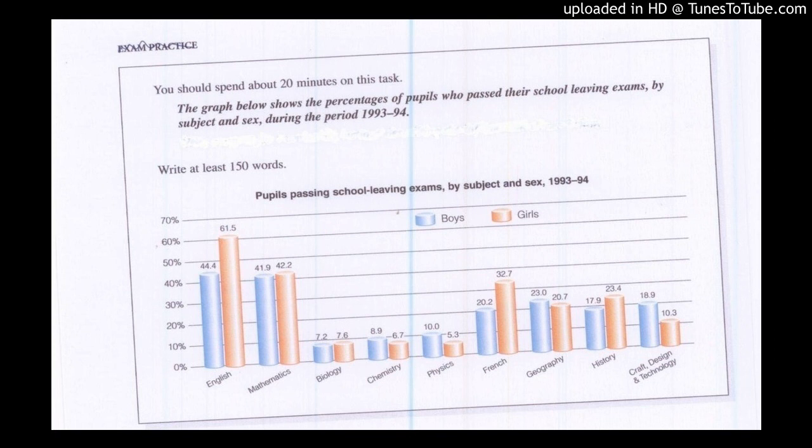First sentence: during this period, girls succeeded. No have here because the period is in the past, so we use the past simple tense.